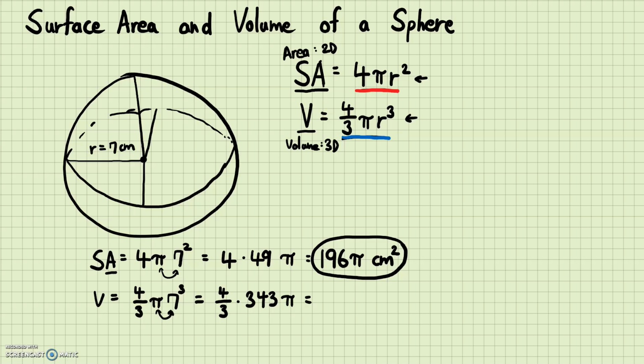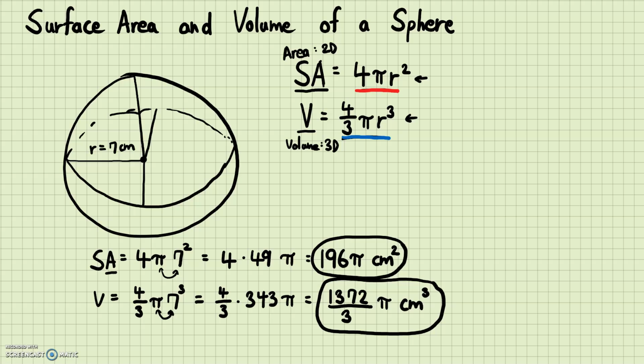And if it seems to be a weird number, just leave it like this. You can just leave it like this with a pi, since you can't really reduce this. And this is a volume, so the centimeter needs to be cubed here. So that would be our volume here.